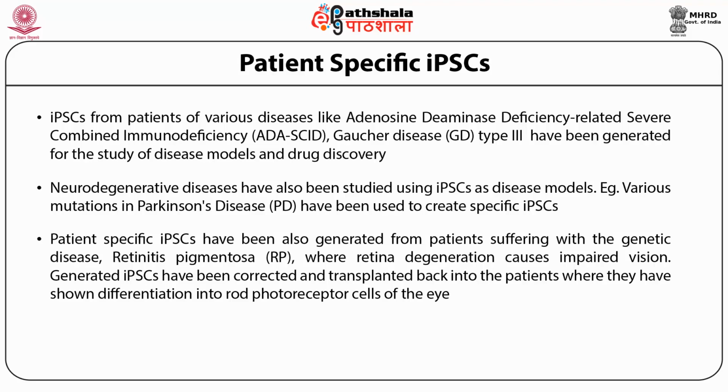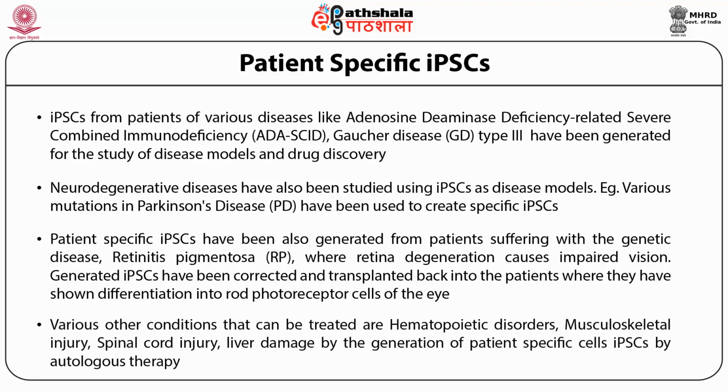So the generated iPSCs have been genetically corrected for the particular mutation and then transplanted back into the patients, where the transplanted cells have shown differentiation into the rod photoreceptor cells of the eye. Other conditions that have the potential to be treated by patient-specific induced pluripotent stem cells are hematopoietic disorders, musculoskeletal injury, spinal cord injury, or liver damage by autologous therapy.